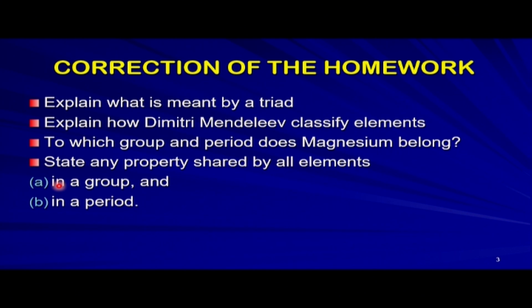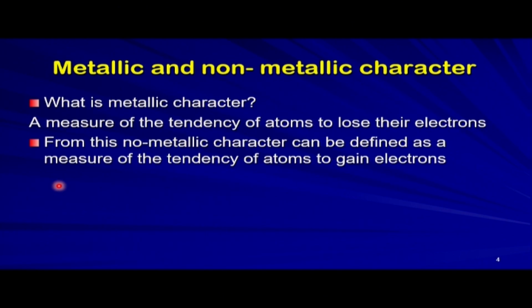Very good. Now that we have revised what we covered previously in this unit, we can go to the next part of the same unit. The new lesson: metallic and non-metallic character.